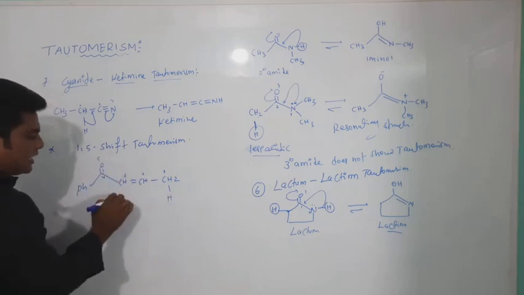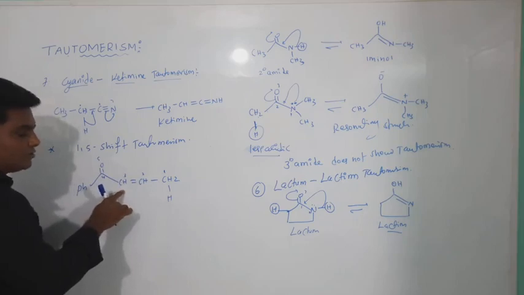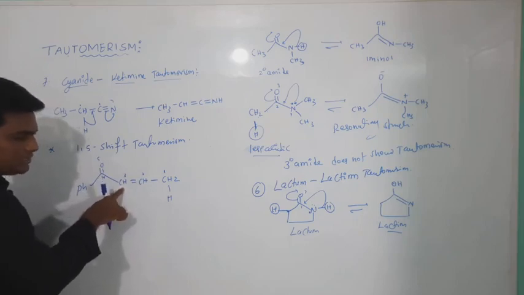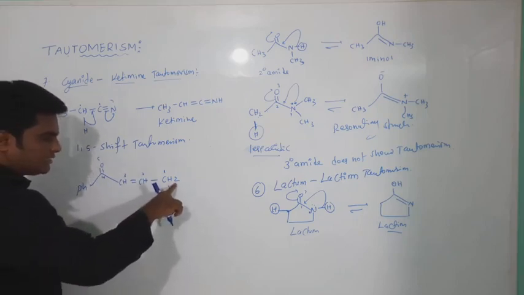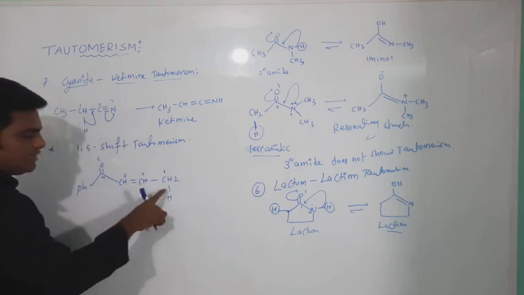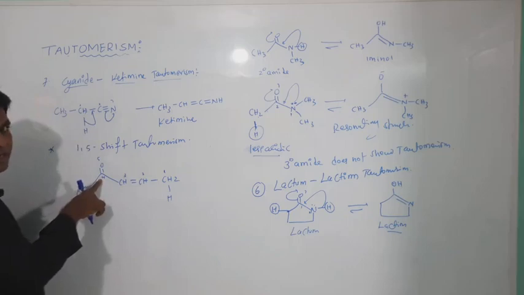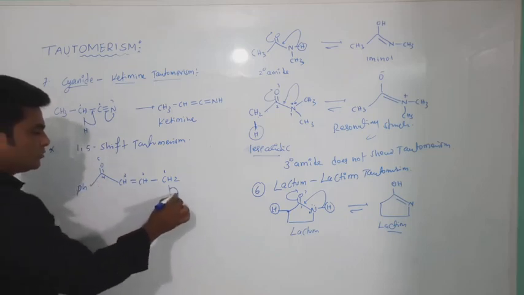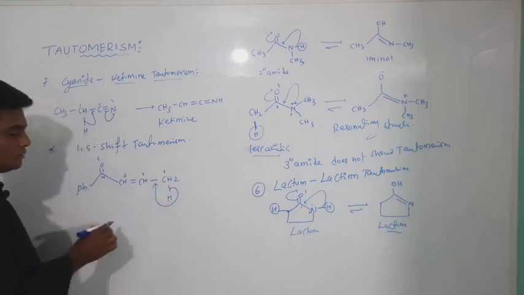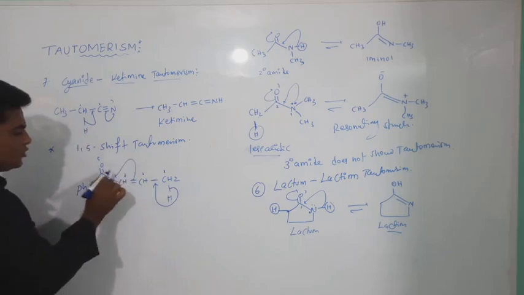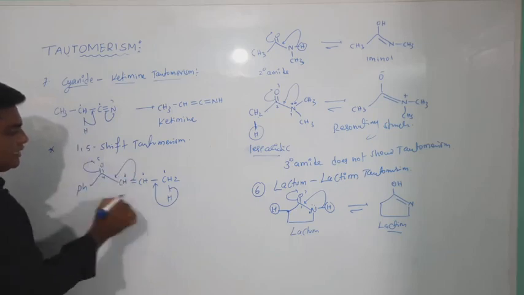Now actually this is not your alpha hydrogen, because this is sp2 hybridized and this is sp3 hybridized. This CH sigma bond is in resonance with the pi bond, and the pi bond is in resonance with this carbonyl group. So this is involved in the delocalization. Now this pi electron is transported to here. See here, oxygen gets negative charge.